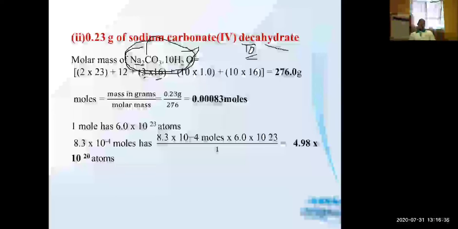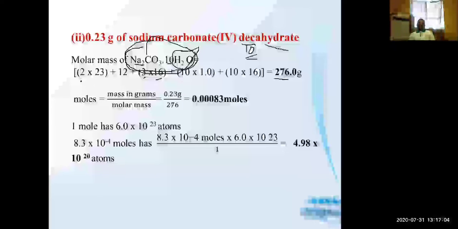Then you add the relative molecular mass of water. Know that there are 10 moles already. Water has a relative molecular mass of 18, then you multiply by this 10.